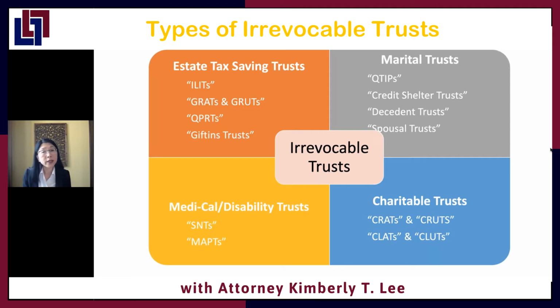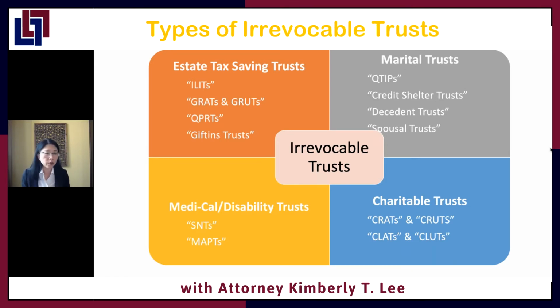On the left-hand upper corner, the orange box talks about estate tax saving. You can see each one has a specific type of purpose. For estate tax purposes, a lot of times we'll create the ILIT, which is the Irrevocable Life Insurance Trust. We can also create GRAT and GRUT, which is the Grantor Retained Annuity Trust, and QPRT, which is the Qualified Personal Residence Trust.